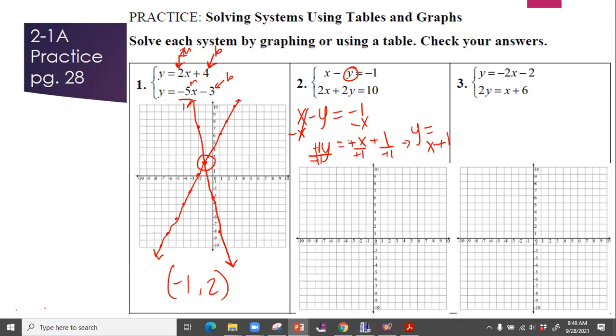So that means I start at 1. I'm going to go up 1 and right 1, right? So I start at 1, up 1, right 1, and then the other way.